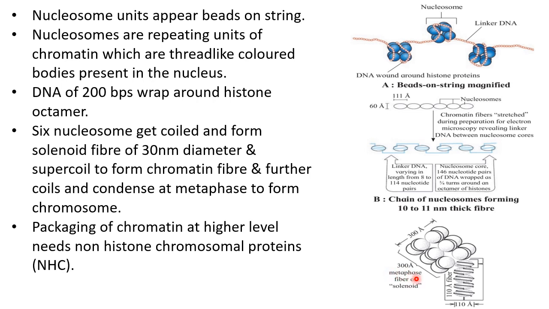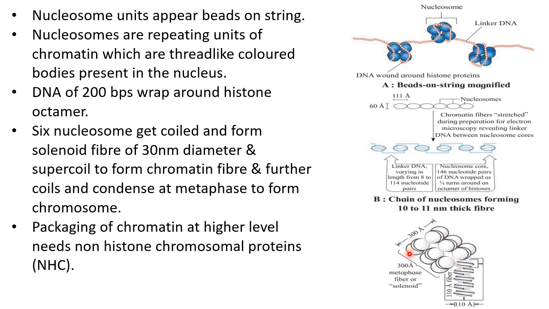This solenoid fiber further coils and forms a chromosome in metaphase stage. Now here we see the solenoid fiber, which consists of a total of 6 nucleosomes. Here we see first, second, third, then fourth, fifth, and sixth. So it forms a structure called solenoid fiber.